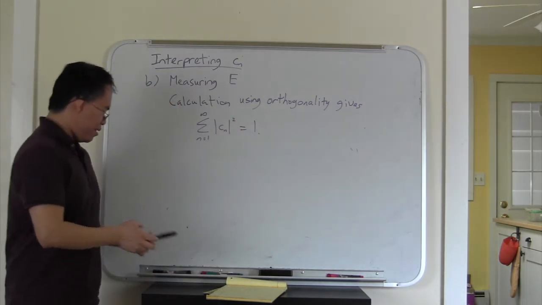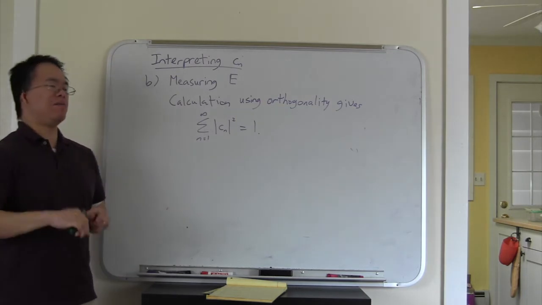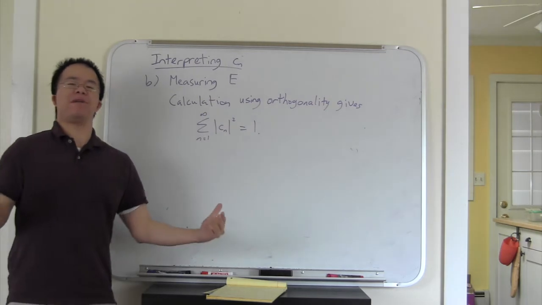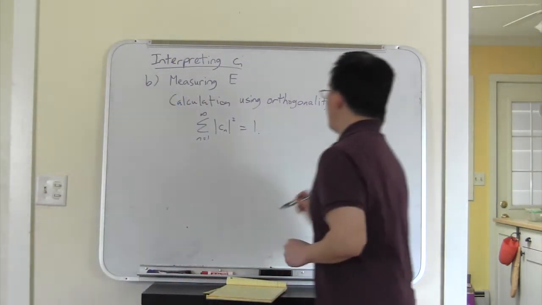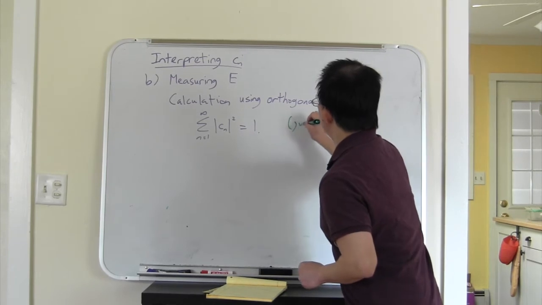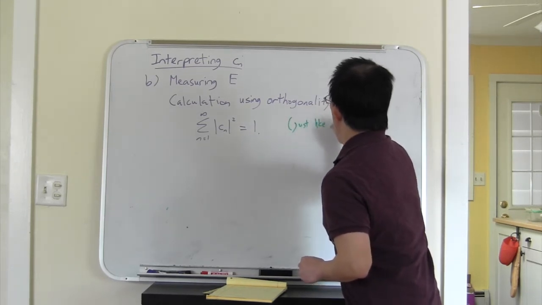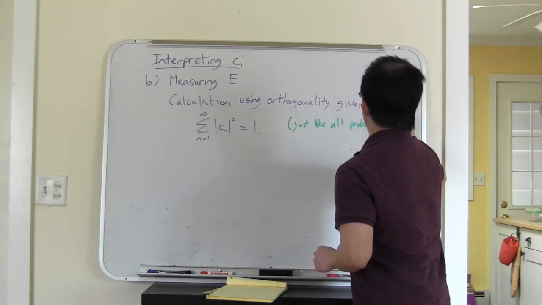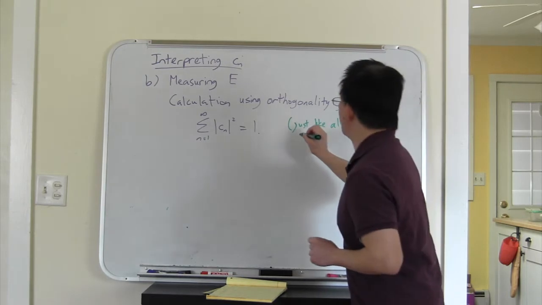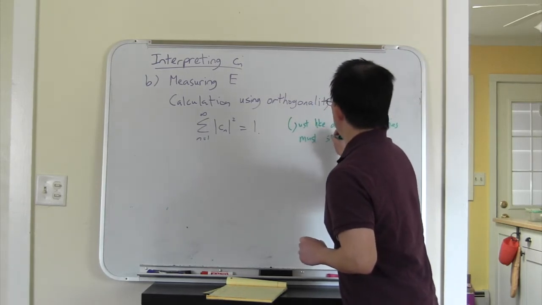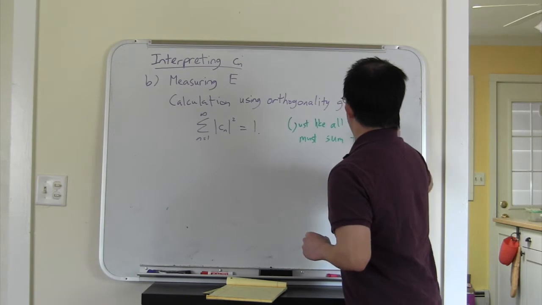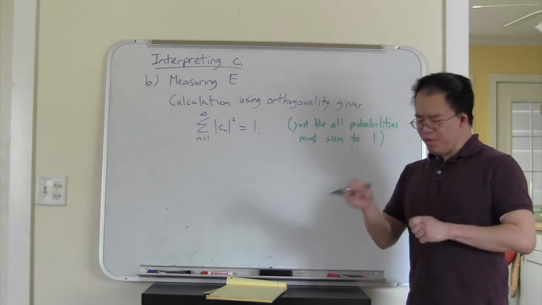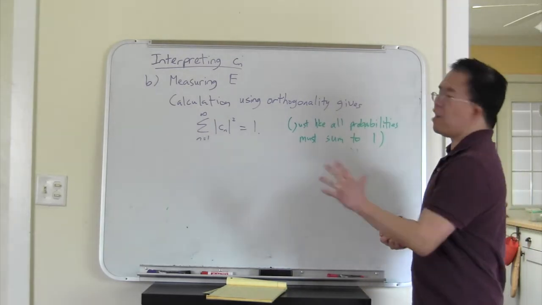So this turns out to be right. You know that the total probability of all possible outcomes has to be 1. So this is just like all probabilities have to add up to 1. So that's, again, not definitive proof, but it's at least suggestive.